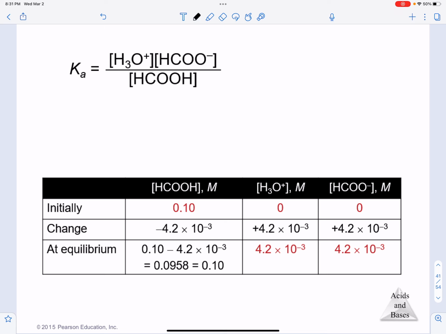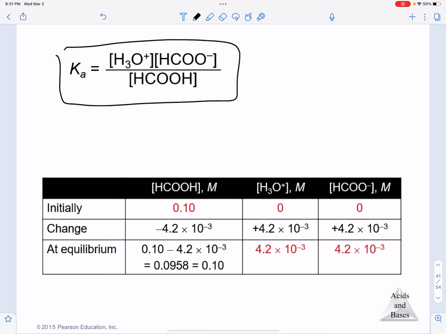We're going to set up the equilibrium expression. We know that initially we have 0.10 formic acid, 0 hydronium, and 0 formate because the reaction has yet to start. We know the hydronium concentration is going to be 10 to the minus pH, and the pH was 2.38.